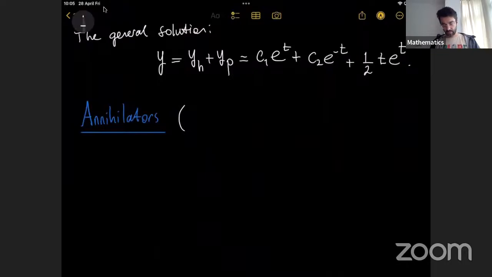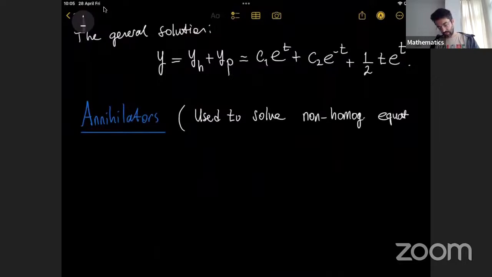This is used to solve non-homogeneous equations as well.